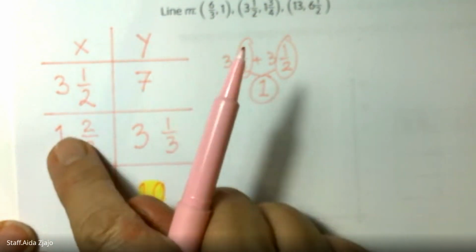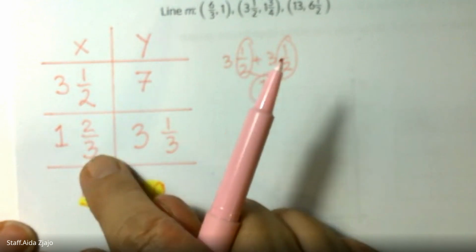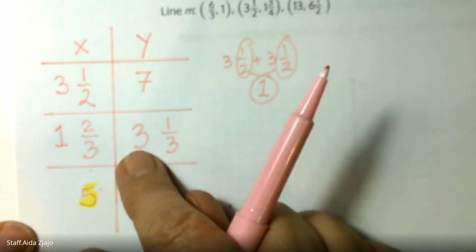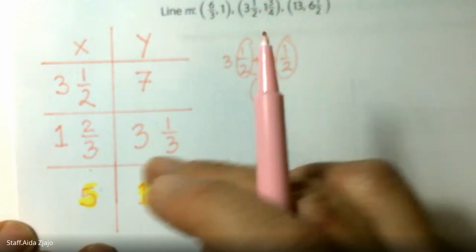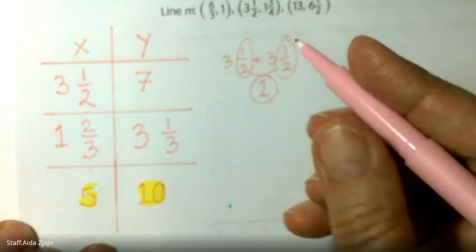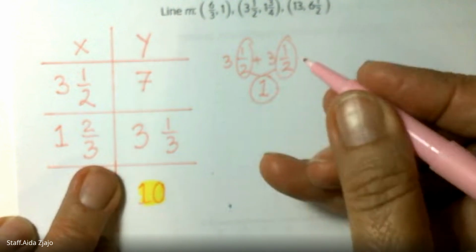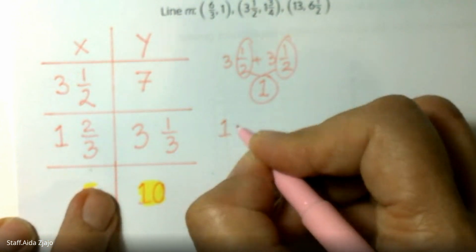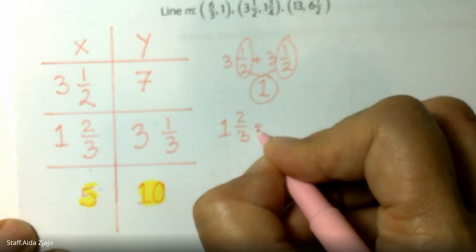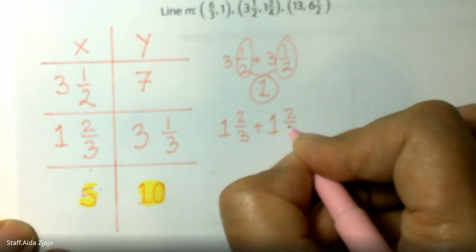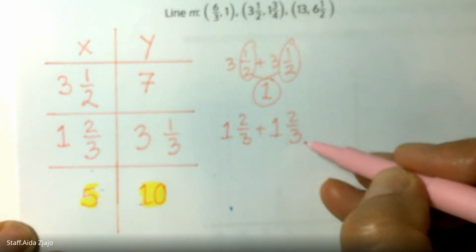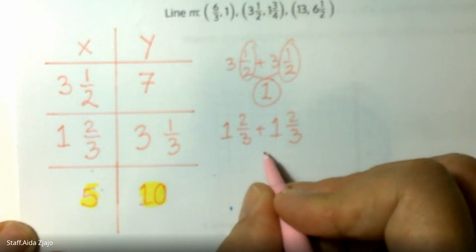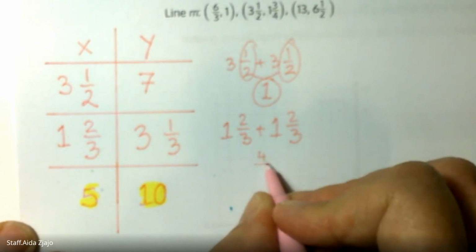So is it 1 2/3 times 2 equals 3 1/3? I can also think about 1 2/3 twice, so 1 2/3 plus 1 2/3. Here I have 2/3 and 2/3, they make 4/3.